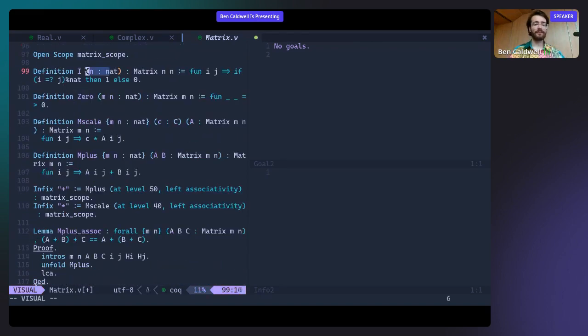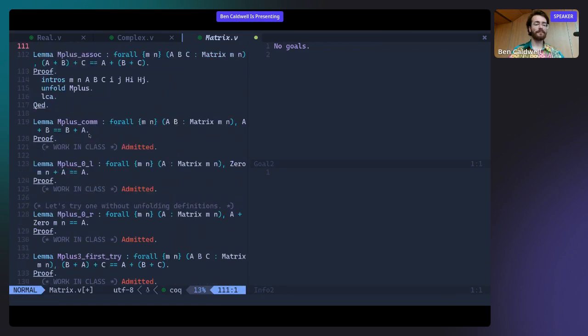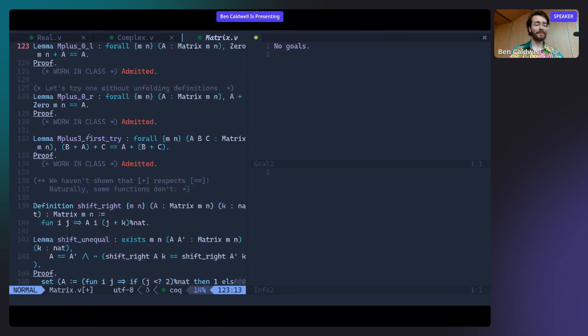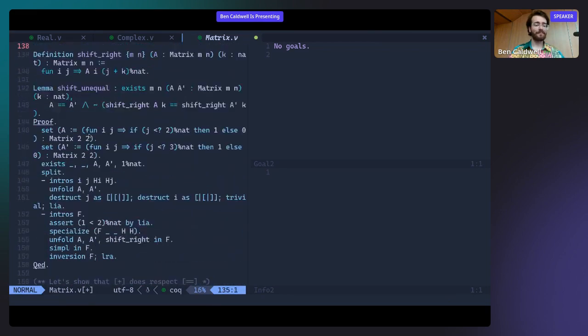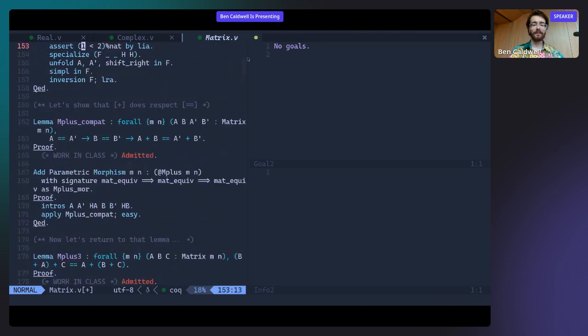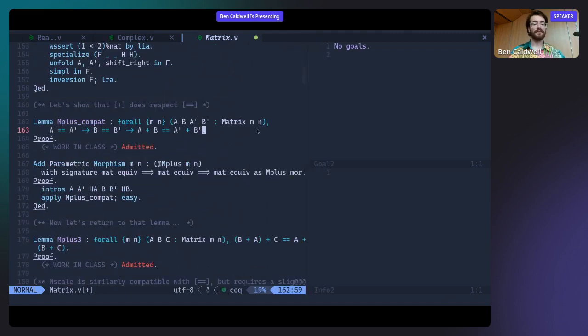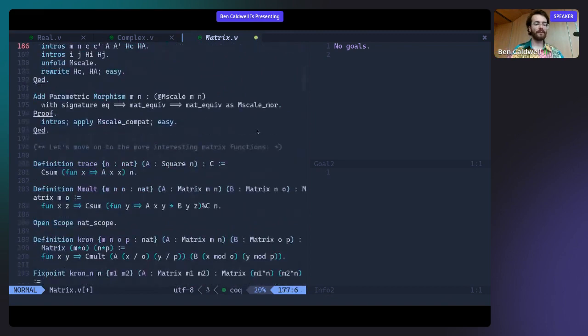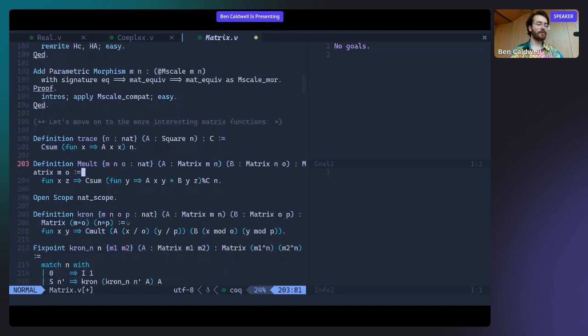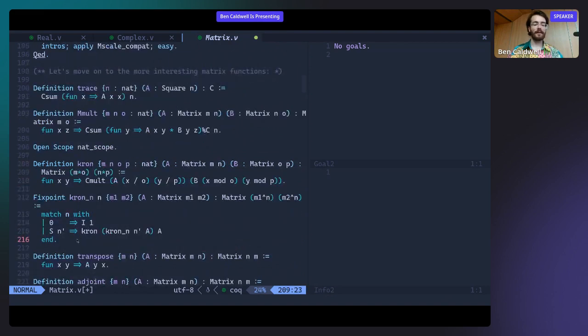We'll have notations for identities and zeros, and we're not going to do any of these exercises either. But in particular, it really is just us saying, it's a function from nat to complex, and we define multiplication, we define everything we need. We have trace, we have multiplication, we have Kronecker products, we have an nth degree Kronecker product.